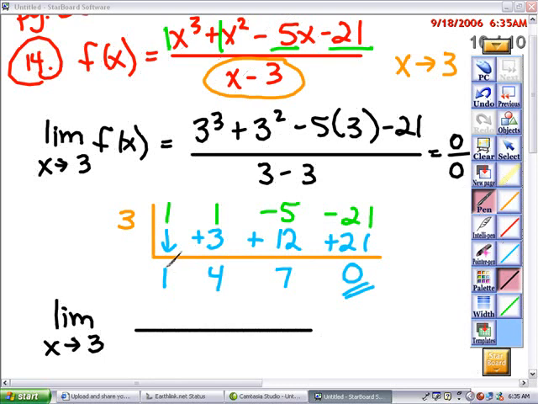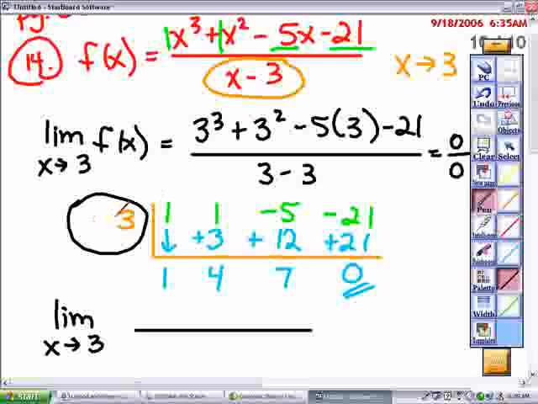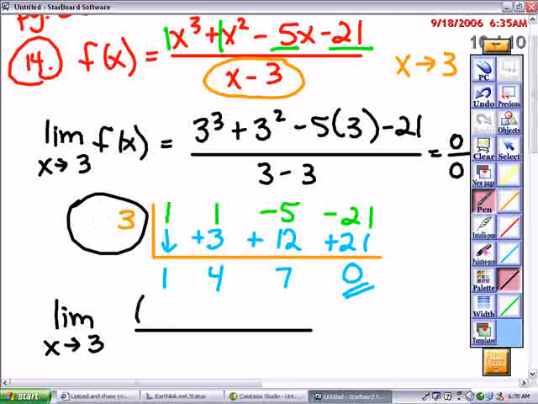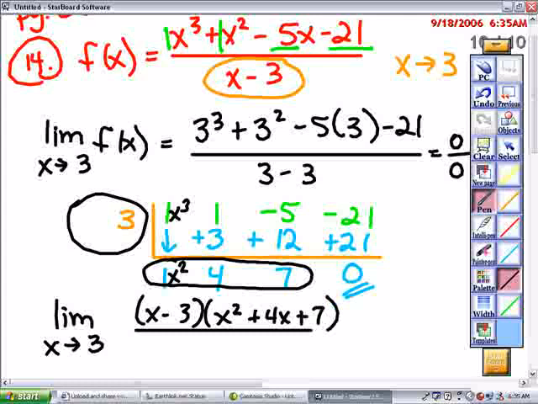as my divisor was x, well, it has a 3 here, so it's x minus 3 times all of these coefficients, and it started out as 1x cubed, so this is a degree less, it's 1x squared. So I have x squared plus 4x plus 7.